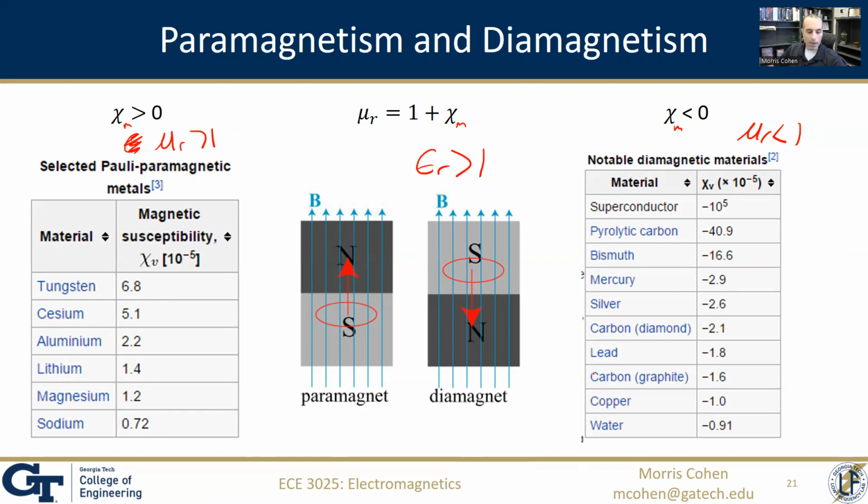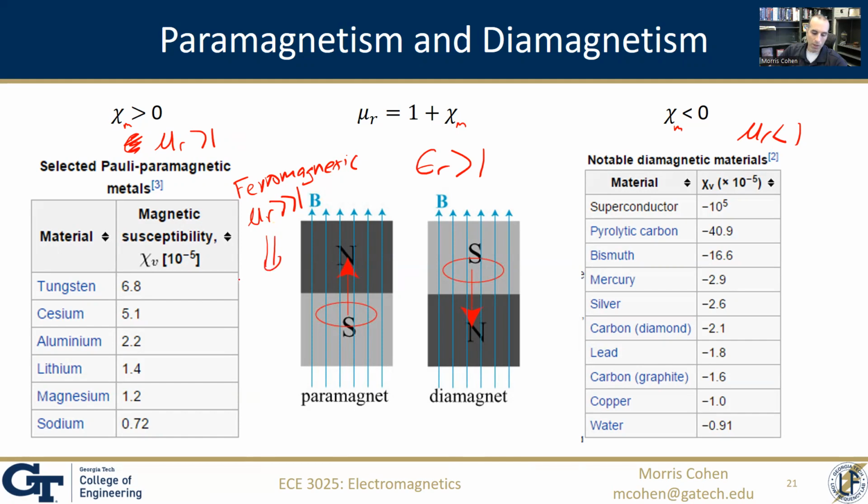In addition, there are also a small number of materials called ferromagnetic, for which mu R is much greater than 1. And these are what we know of as magnetic materials colloquially.